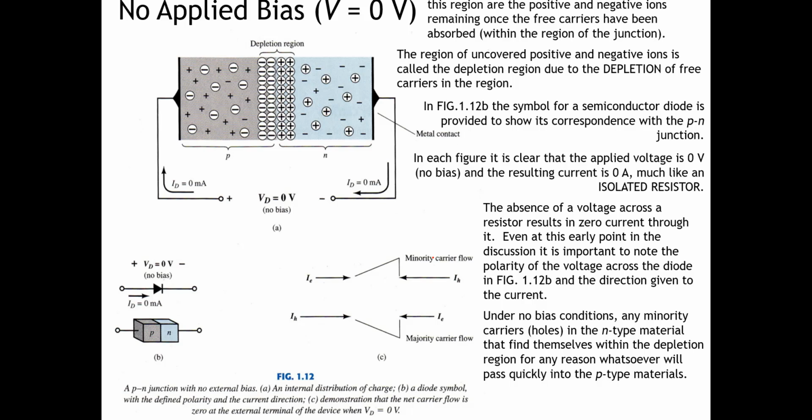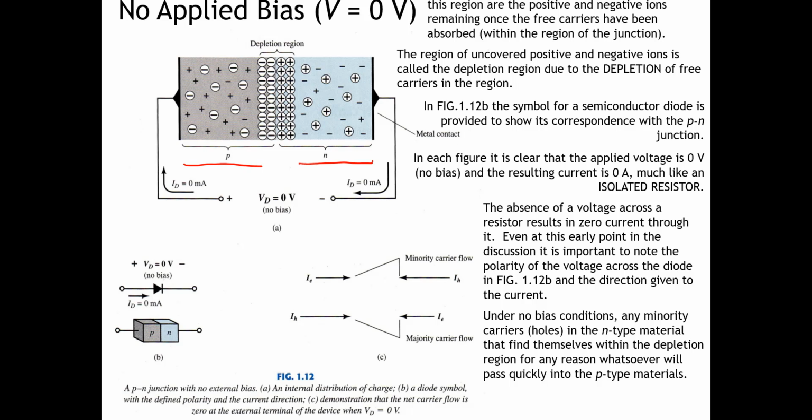The semiconductor diode is a combination of the p-type semiconductor here and the n-type semiconductor here. As you can see, in the p-type semiconductor we have the majority carrier of hole, and in the n-type semiconductor we have the majority carrier of electron.